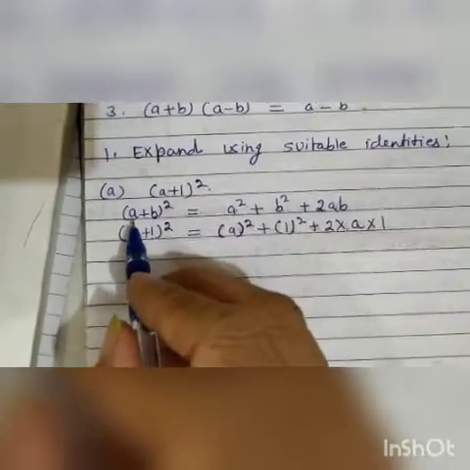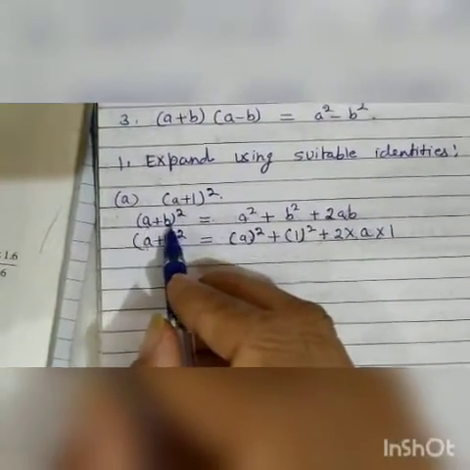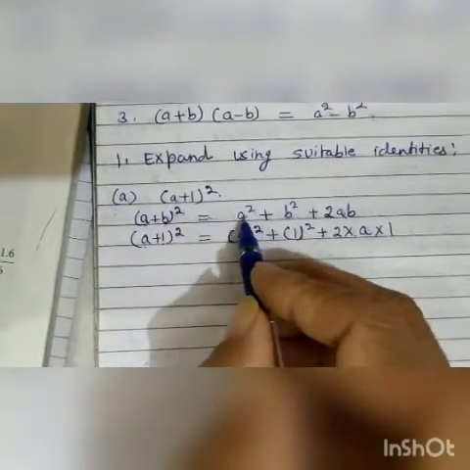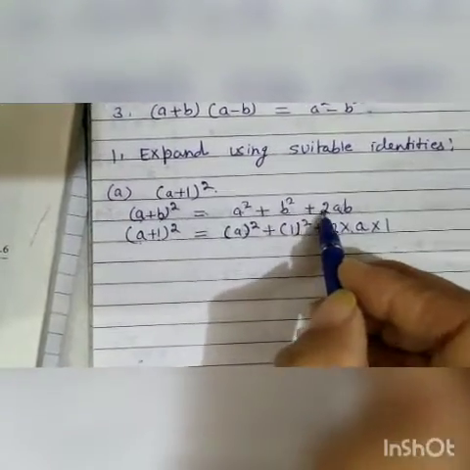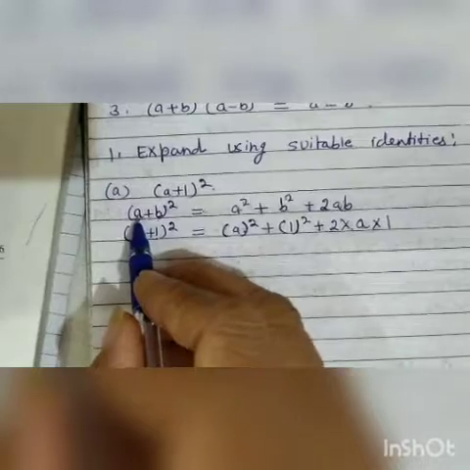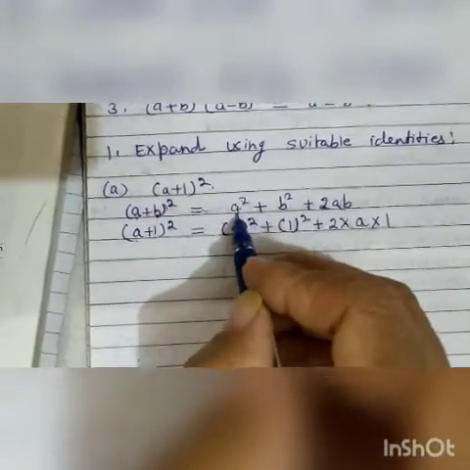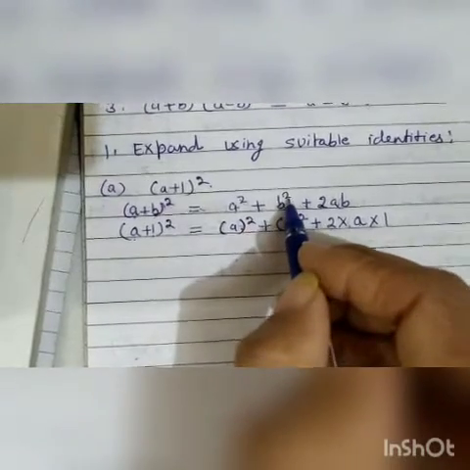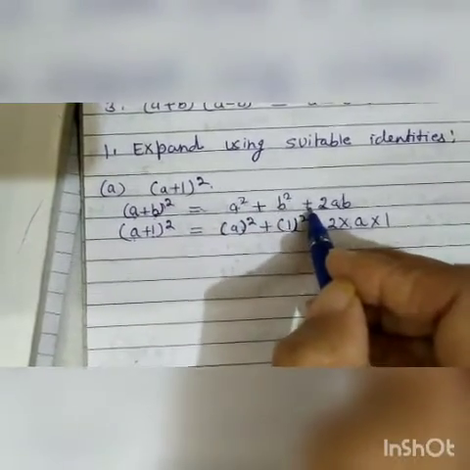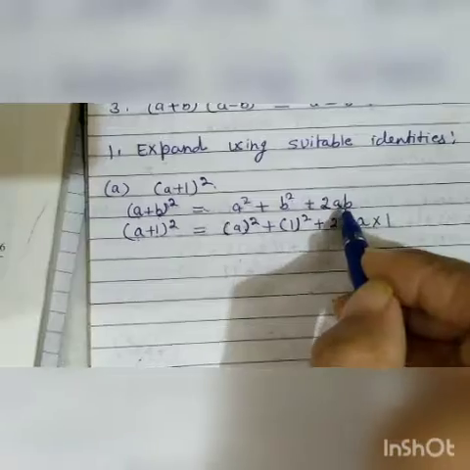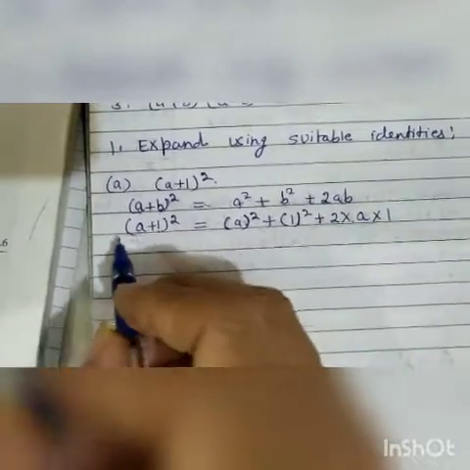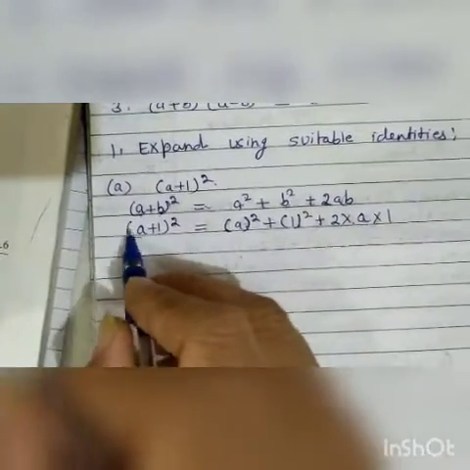See once again. Our identity is a plus b whole square is equal to a square plus b square plus 2ab. Means first term plus second term whole square is equal to square of first term plus square of second term plus 2 into first term into second term. Our question is a plus 1 whole square.